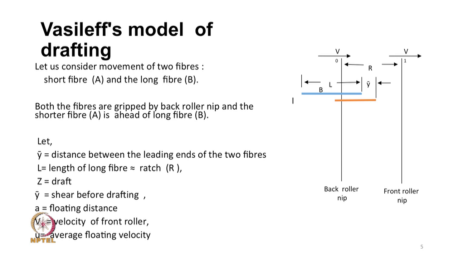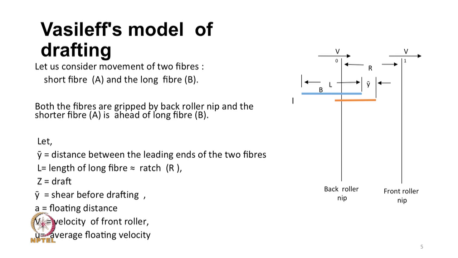Now, we discuss an interesting model of drafting based on pure geometry. In the diagram on the right hand side, we see two vertical lines, and these two lines are indicating the front roller nip and back roller nip.